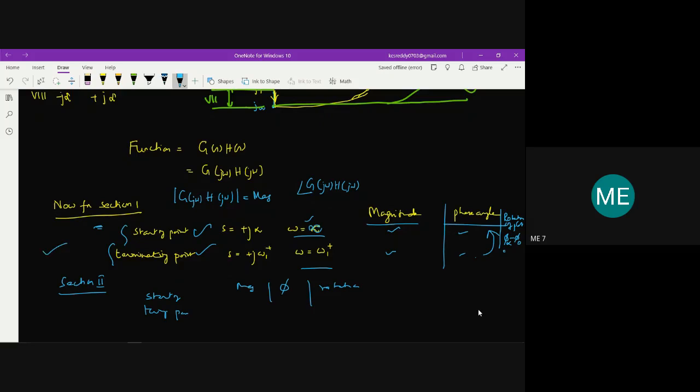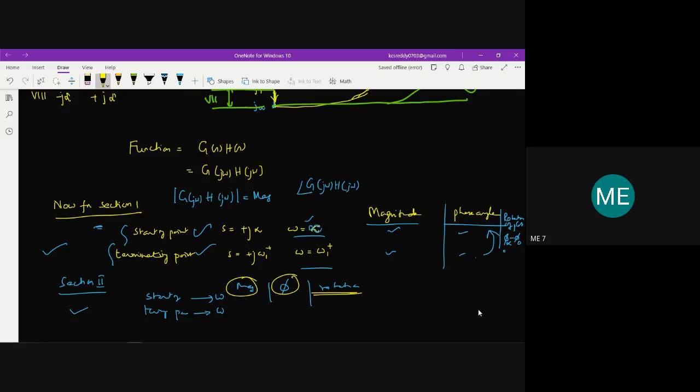So for section 4, we do similar to section 2. We have to find the starting point and the terminating point, and at that particular omega value find out the magnitude and the phase angle, then the rotation of the plot. Once again, we need to draw the rough curve on the F plane.